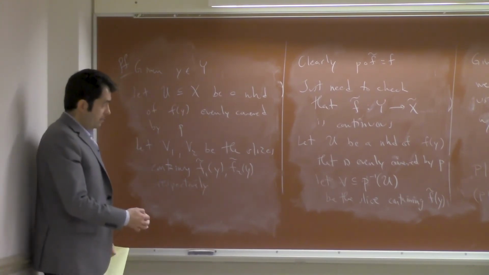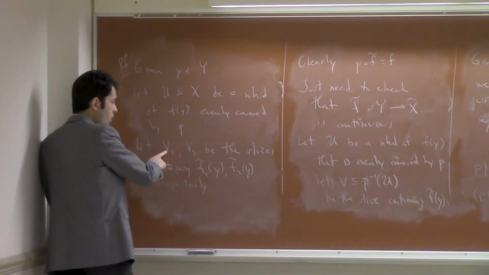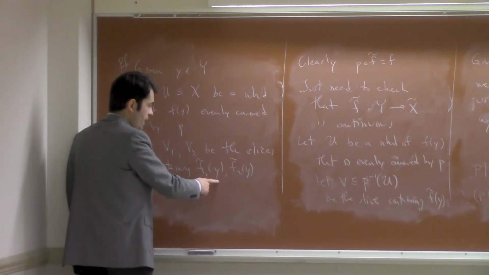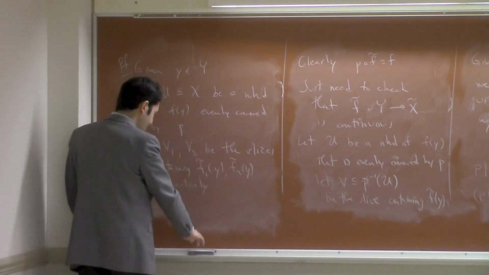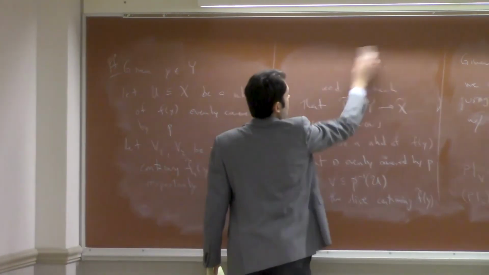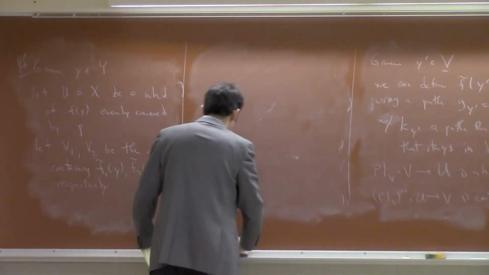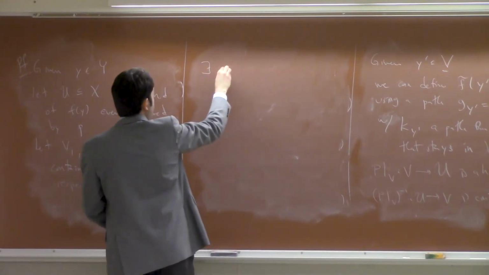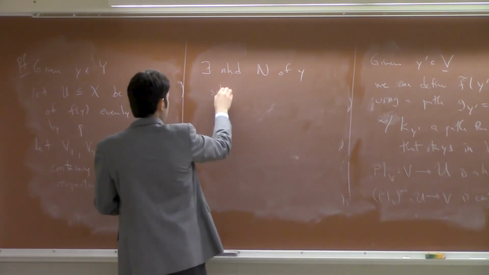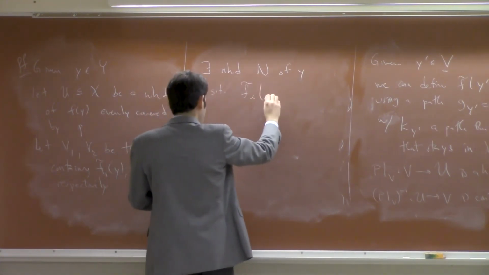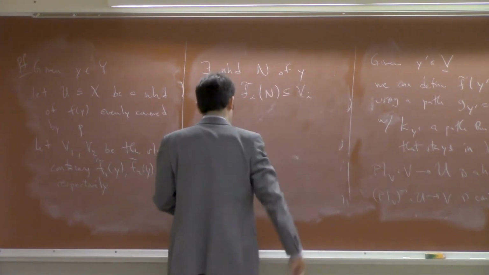Right? By continuity, if F1 tilde is mapping y into V1, then there is some open neighborhood of y that gets mapped to V1 by F1 tilde. And similarly for F2 tilde. And taking the intersection of those neighborhoods, we can find a neighborhood N of y such that Fi tilde of N sits inside Vi.